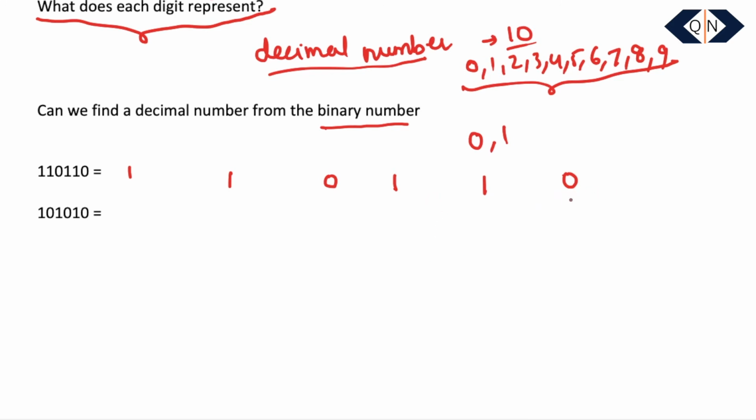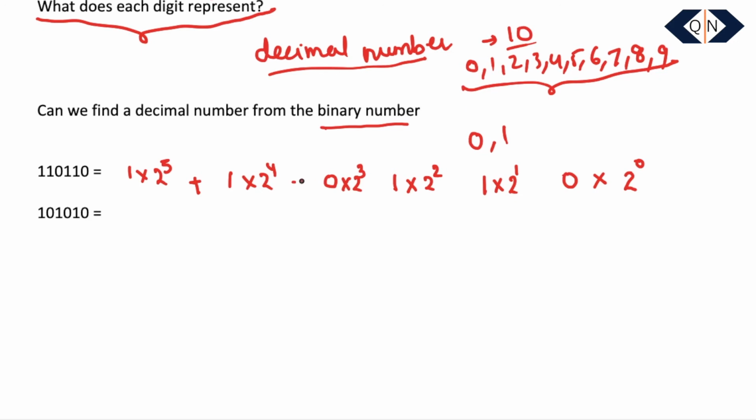So this is at the one's place. In the decimal case we were writing 10, now we will write 2. 2 to the power 0, 2 to the power 1, 2 to the power 2, 2 to the power 3, 2 to the power 4, 2 to the power 5.